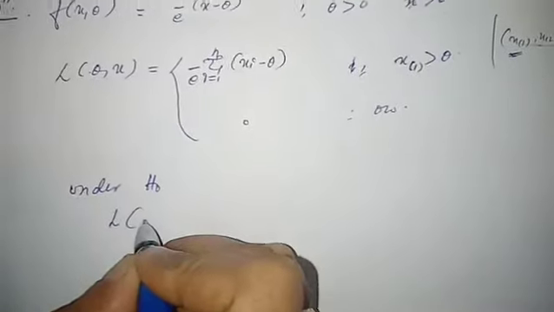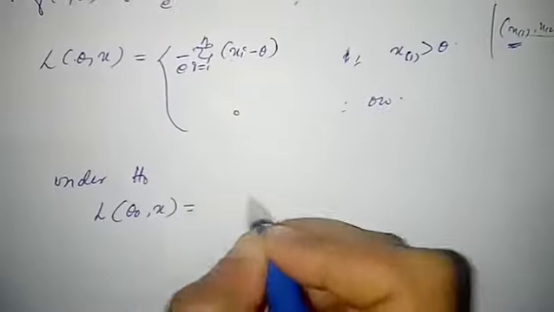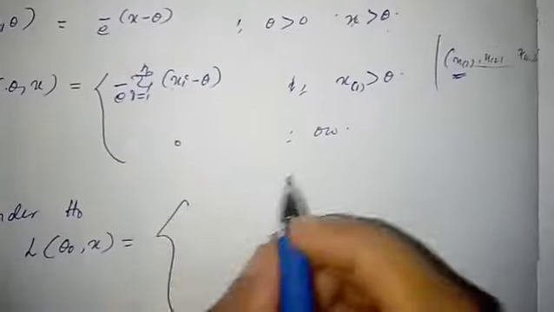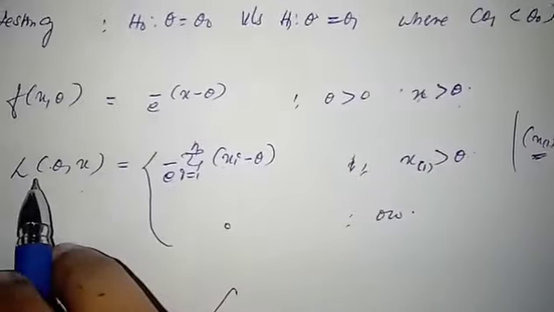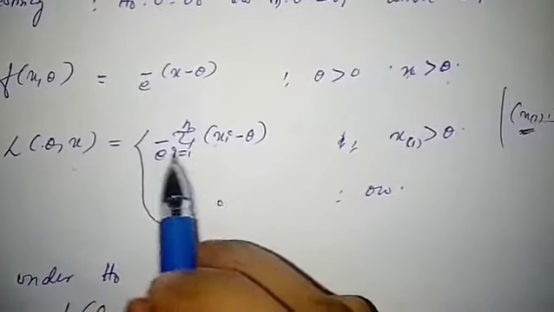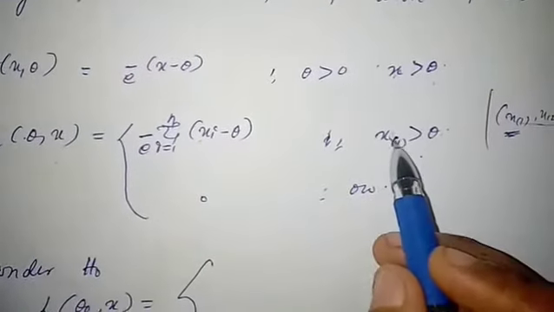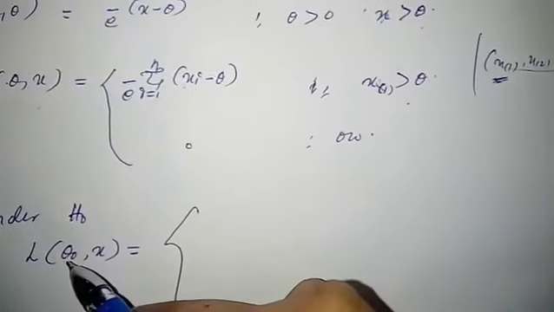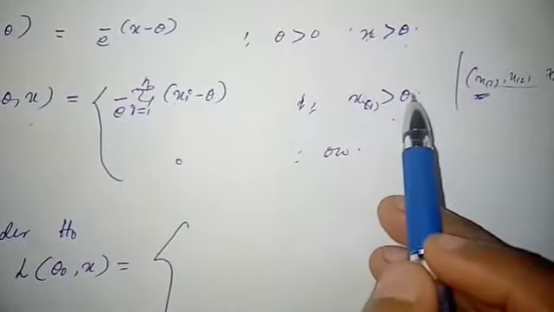L of theta naught, x equals e power minus summation i equals 1 to n of (xi minus theta), where x1 is greater than theta, but under H0 it is theta naught.